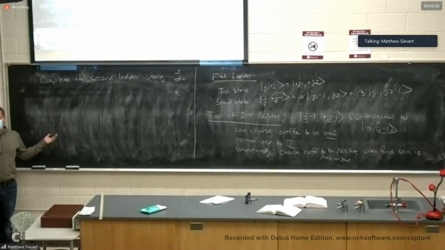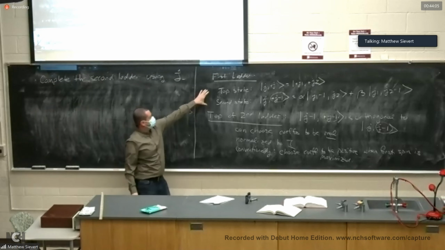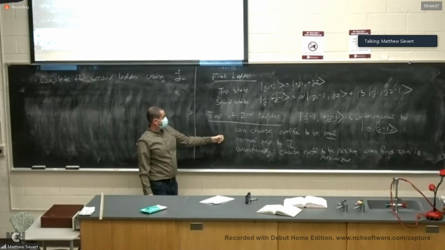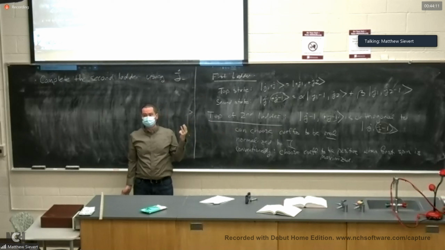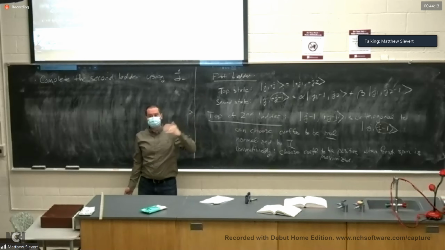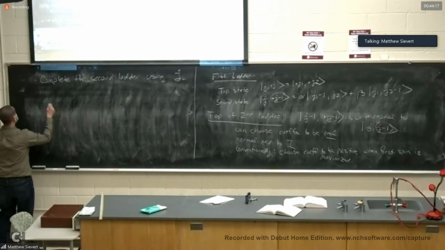Once you found the second ladder, if there's more ladders left over, if you haven't exhausted all of the degrees of freedom, then you need to find a third ladder. You will take the next state down, the third state from the first ladder and the second state from the second ladder, and you need to find a third combination that is orthogonal to both of them. And you will keep doing this. This will generate more and more ladders until you exhaust the entire vector space.